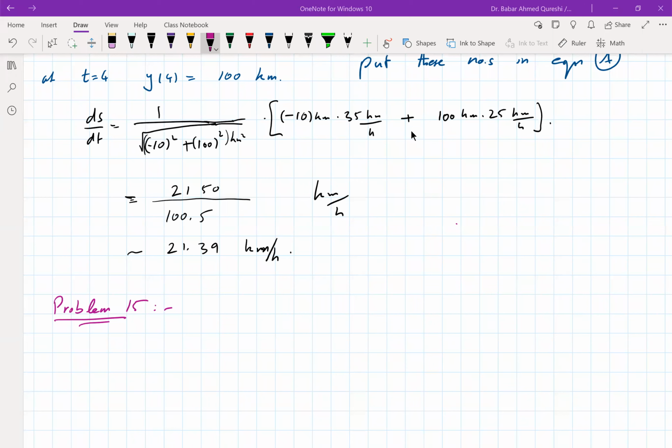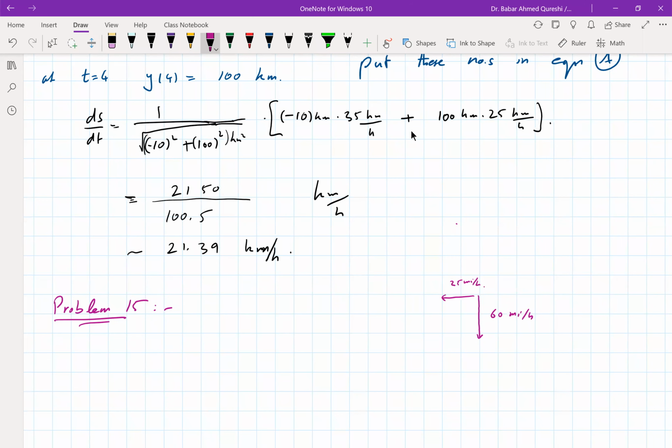Okay, so problem 15 says that two cars are moving from the same point. One travels south at 60 miles per hour, while the other travels west at 25 miles per hour.